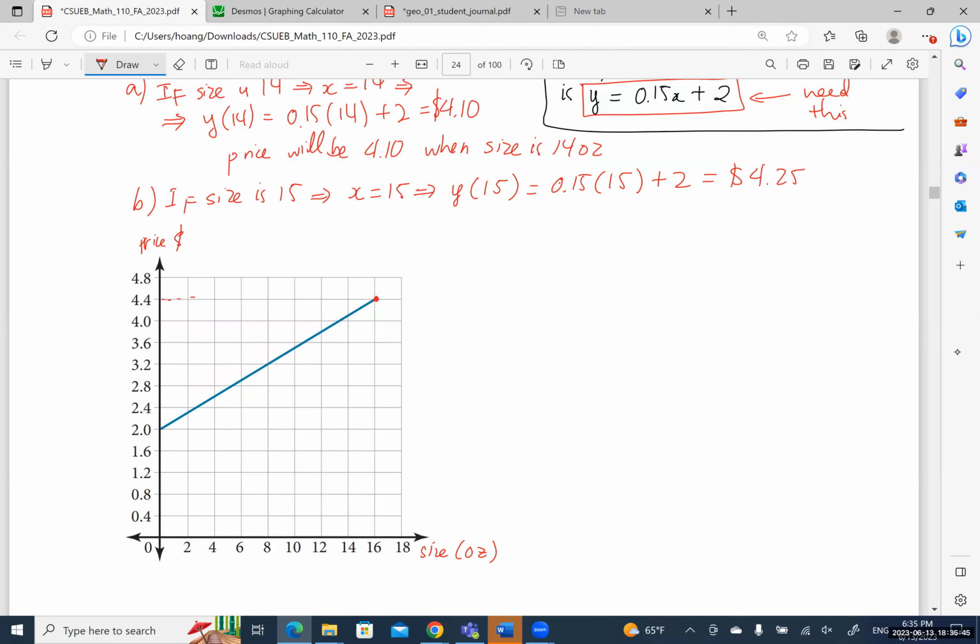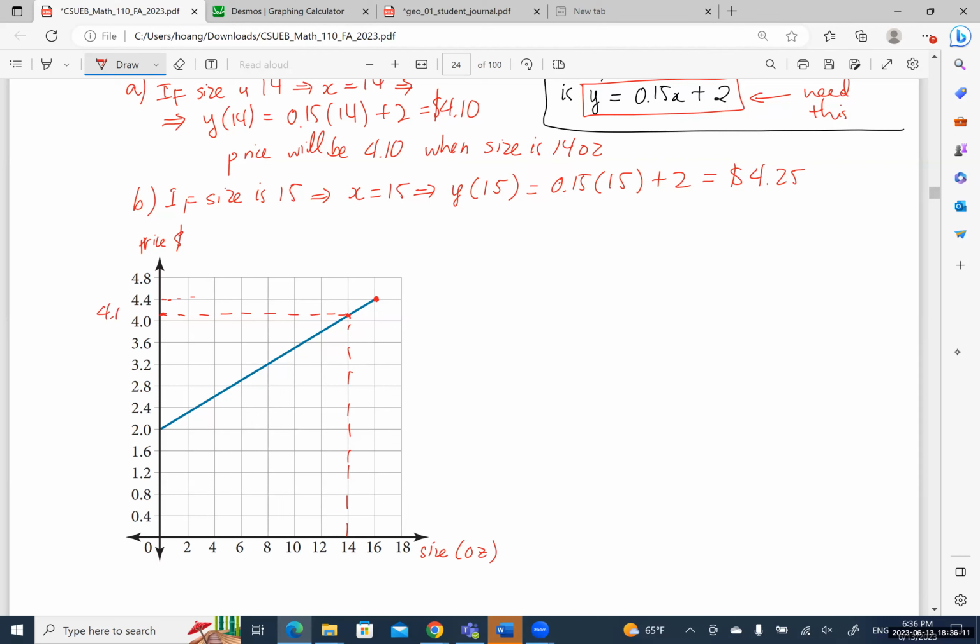If I ask about 14, you can make a vertical line from 14, map it to the graph, and then find the coordinate for price. Here it's supposed to be 4.1.